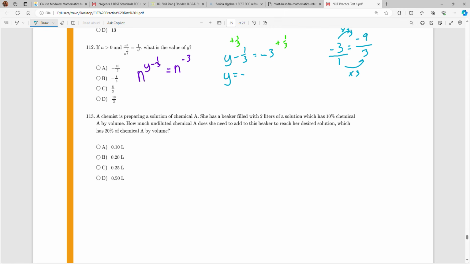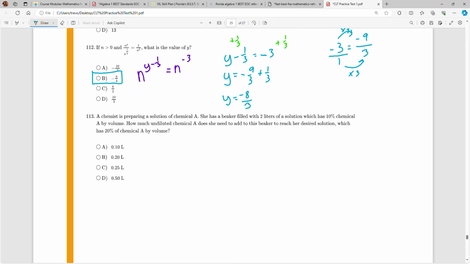So I've got negative 9/3 plus 1/3. So y equals negative 9 plus 1 over 3. Denominators are the same, so we can add them. Signs are different, so you subtract. 9 minus 1 is 8, but the negative number was bigger, so it's negative 8/3, and B is the correct answer for number 112.